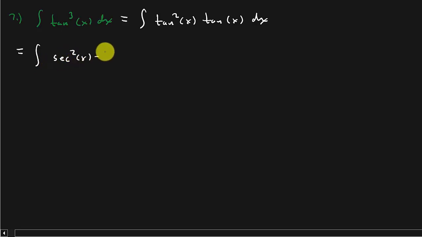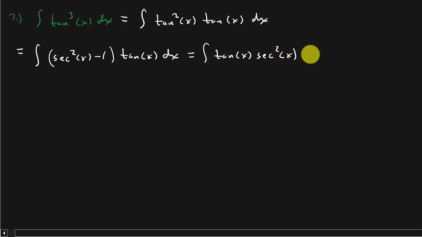Secant squared minus 1, okay, that's tangent squared, times tangent x dx. And then let's distribute tangent. So that's going to give me tangent x secant squared minus tangent x dx.